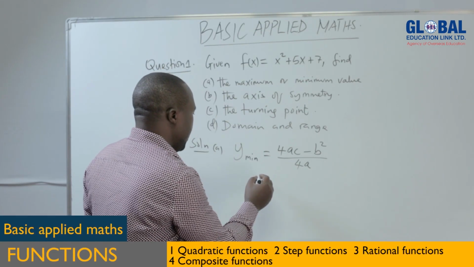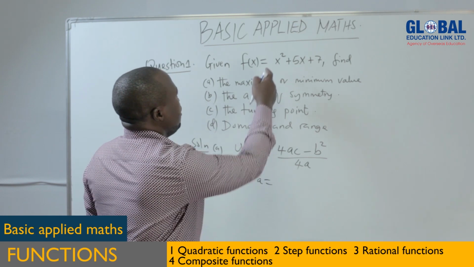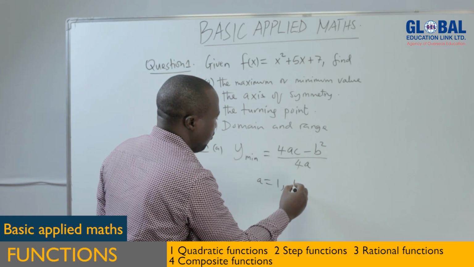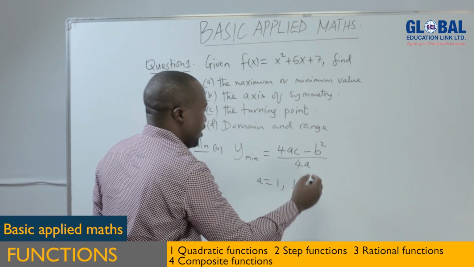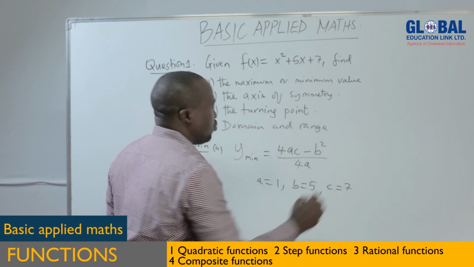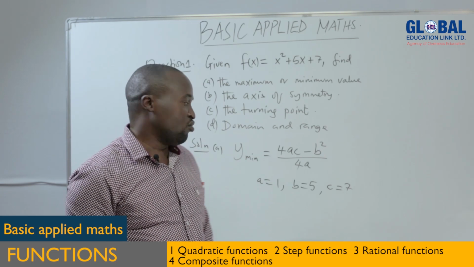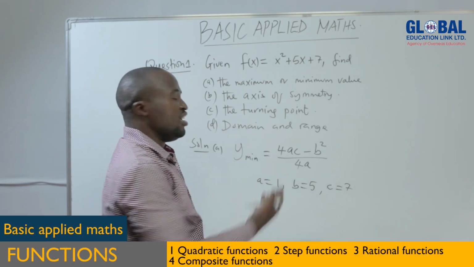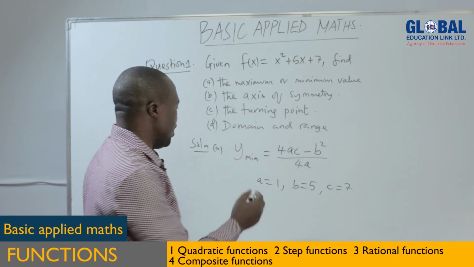So we have a is equal to 1, b is 5, and c is equal to 7. So my dear student, we just substitute these values in our general formula.